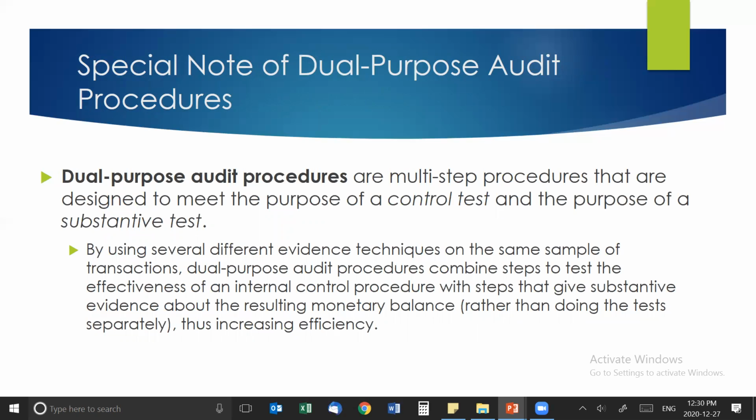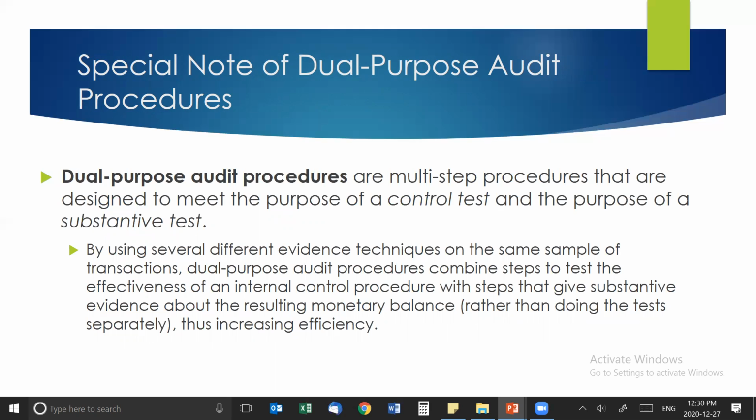All right. Sometimes there are also different types of evidence you can get. So you wouldn't just do inspection, for example. Maybe you're doing inspection and confirmation, or inspection and recalculation. So you don't have to just do one test for each of those accounts.